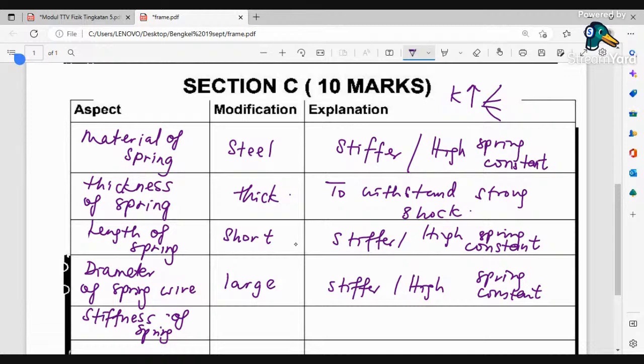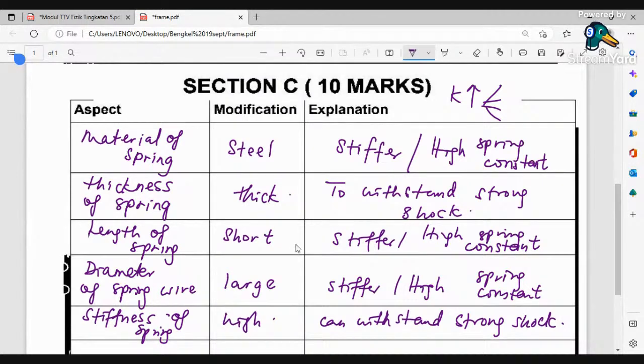Stiffness of spring also, okay, stiffer, high stiffness, so can withstand strong shock. Actually boleh repeat lah berapa kali pun sesuai asalkan sesuai untuk explanation. Cuma yang bahagian aspect modification cannot repeat.